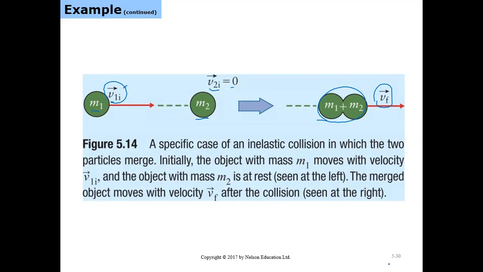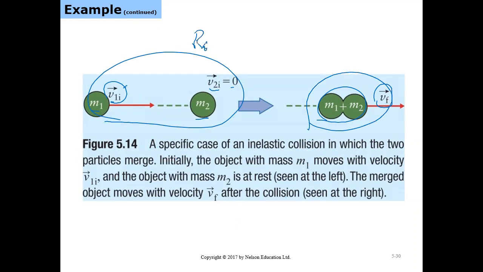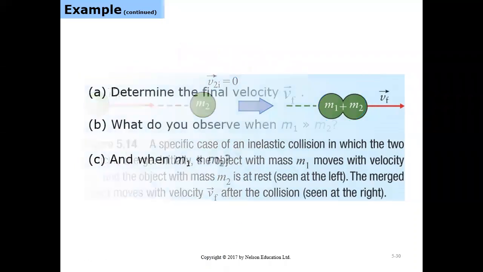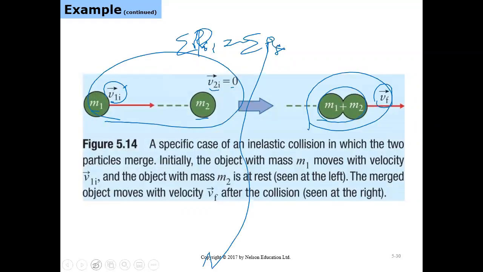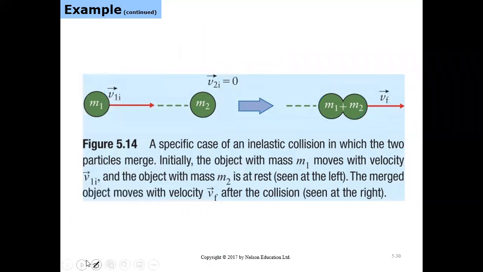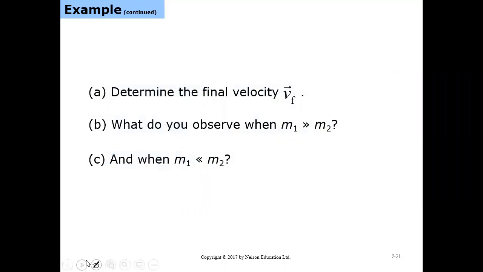Can you tell me what is the equation I should write? Momentum before is equal to momentum after. I can write it like this: sigma Pi is equal to sigma Pf. All right, so this is a question.